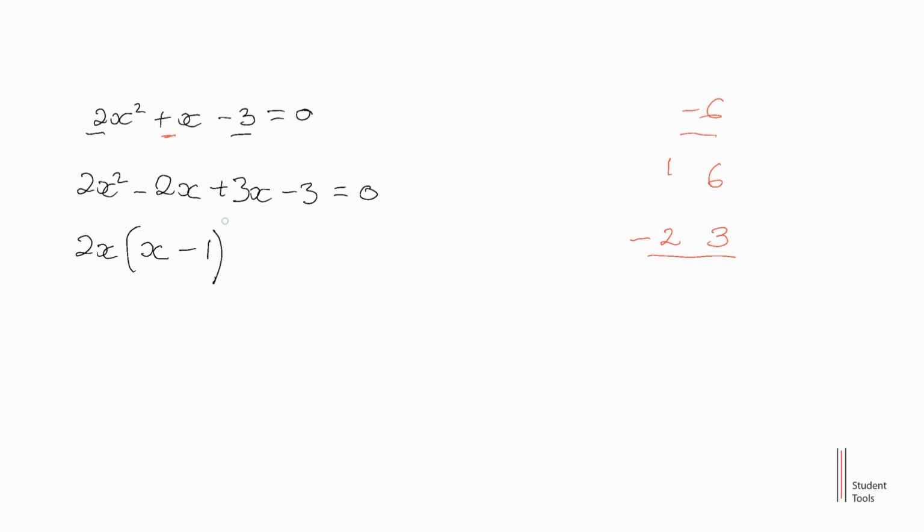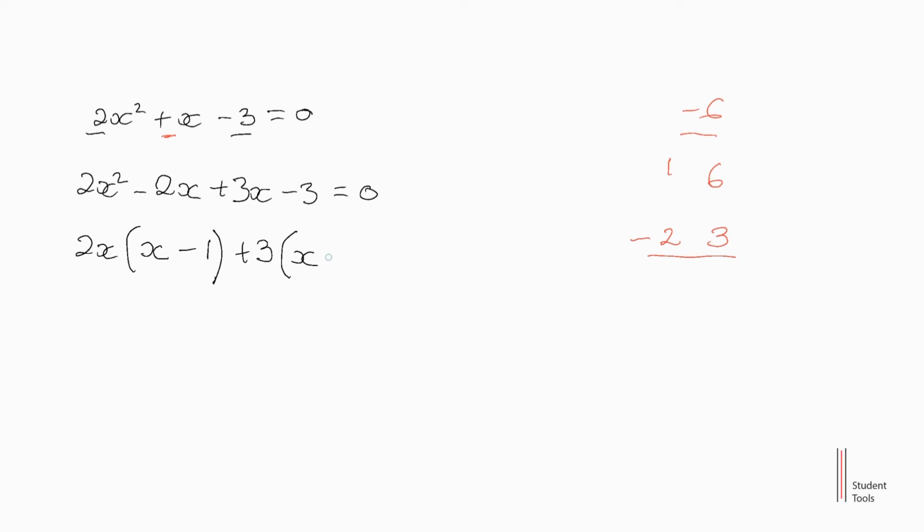And then we move on to the next group, which is these two terms. So with these two terms, what's the common factor? The common factor here is 3. So we will have a positive 3 factored out. So we open a bracket, and then to get 3x, we have to multiply the 3 with an x.